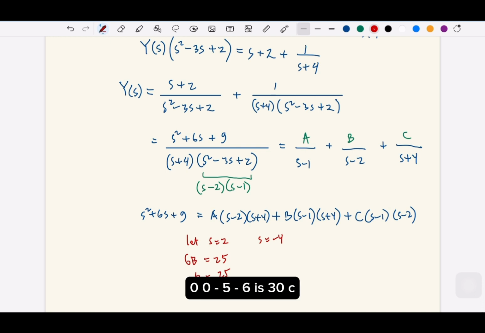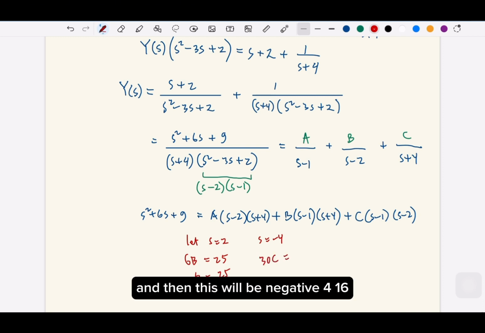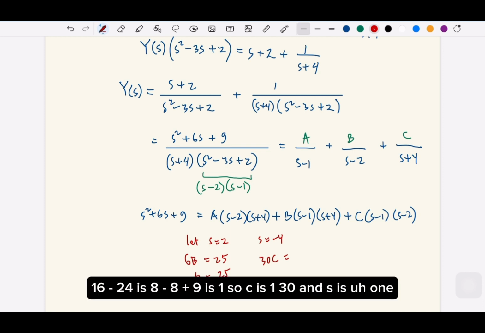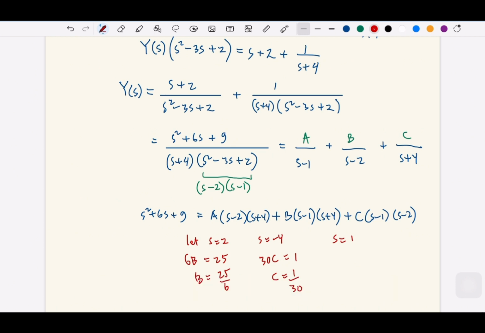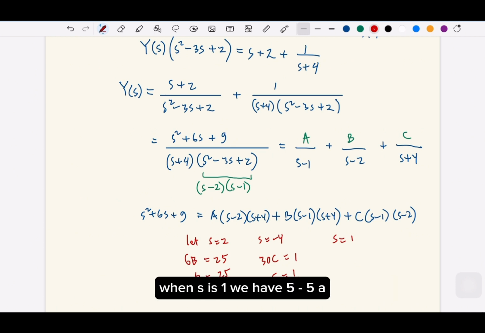And then try s equal negative 4. 0, 0, negative 5 times negative 6 is 30C. And then this will be negative 4 squared, 16, 16 minus 24 is negative 8, negative 8 plus 9 is 1, so C is 1 over 30. And when s is 1, we have negative 5A equal to 1 plus 6 is 7, plus 9 is 16, right?